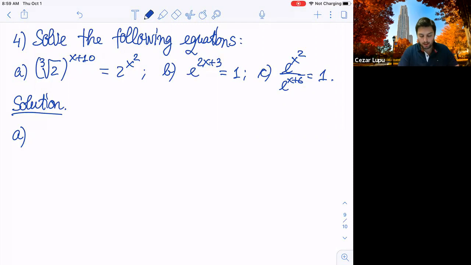Well, we should do something about it. You see, you have that cube root of 2 over there, so maybe we can rewrite this in a certain way.